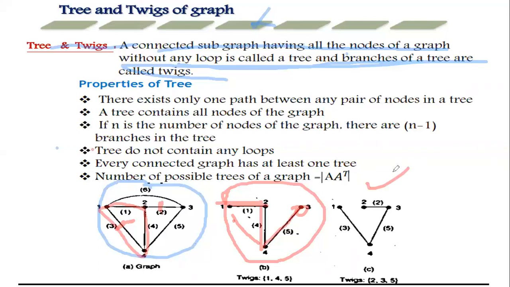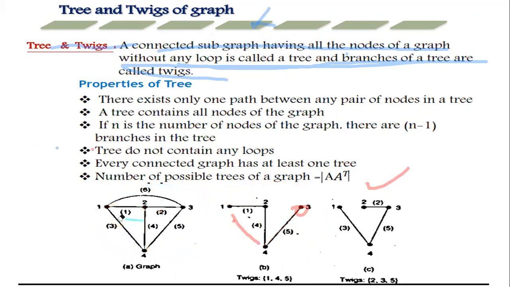Another tree for the same one. And the branches of a tree are called twigs. So here branches of the tree are 1, 4 and 5. So the twig is 1, 4, 5. So the tree will be represented like this, 1, 4, 5.